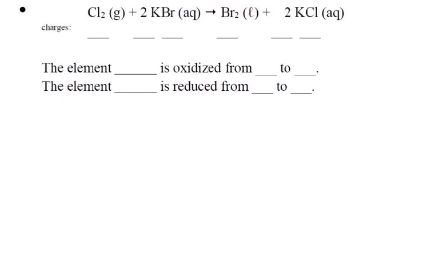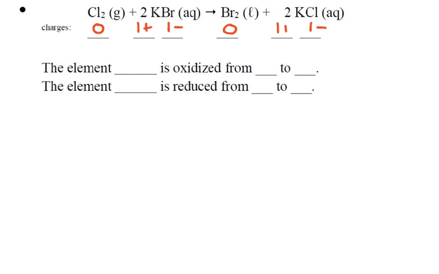Same idea again. Here we have chlorine, a neutral element, so it's going to be 0. And over here is bromine, also a neutral element, 0. Now in its compounds, bromine can be 1 minus, and chlorine can be 1 minus, so in the compound those are their negative ions. Potassium in its compounds is always 1 plus.